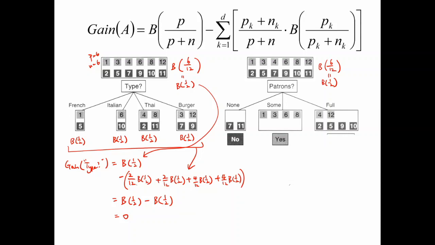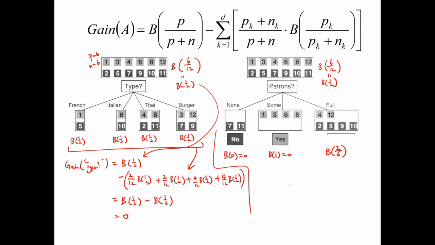But if you consider the Patrons example, in the first group, we have entropy of B of 0, which you know is 0. In the second group, we have entropy of B of 1, which you also know is 0. And then the third group, we have entropy of 2 out of 6.